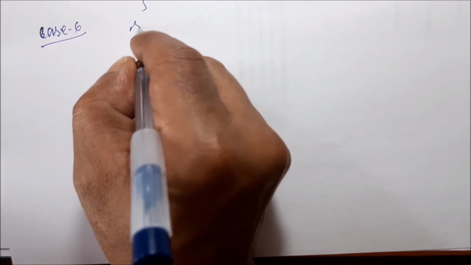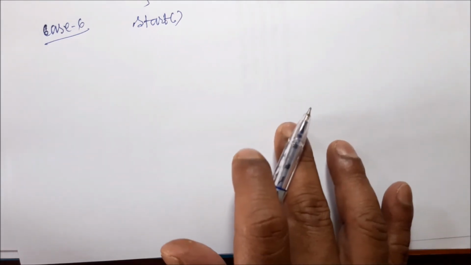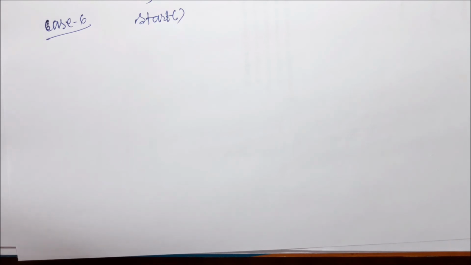So the next thing is overriding the start method. Case 6, overriding the start method. If I override the start method, what will happen? Suppose I have written a start method within this class.